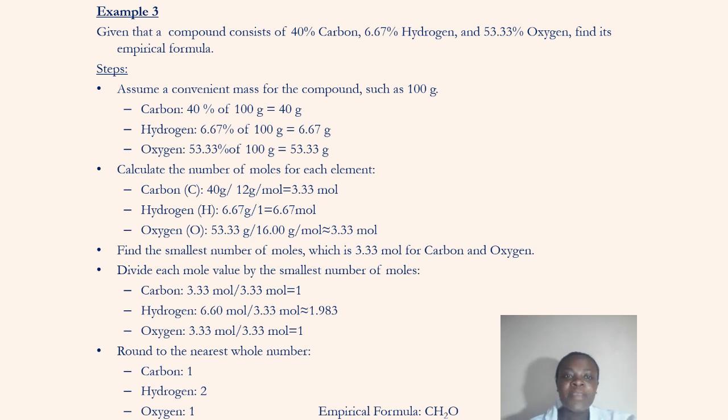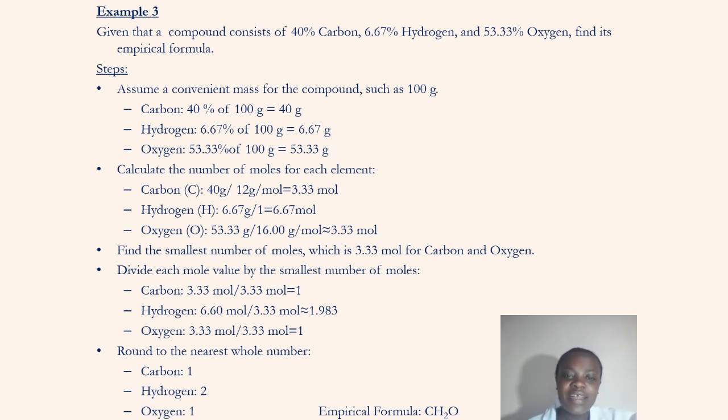Then that of hydrogen, its percentage composition is 6.67%, so 6.67% of 100 will give me 6.67 grams, while that of oxygen, which is 53.33% of 100 grams, will give me 53.33 grams. All right. Now I have my masses.